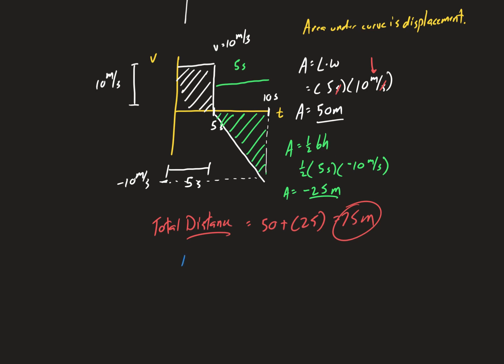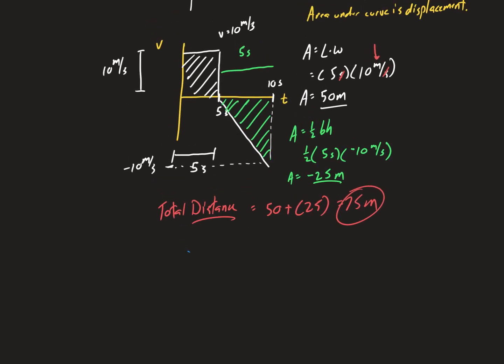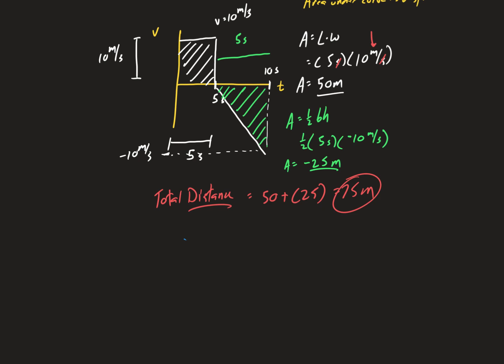For the displacement, that's different. For the displacement, we're gonna use the signs exactly like it says. So the white area, that is 50, and the green area is negative 25. So the total displacement of the object would be 25 meters.